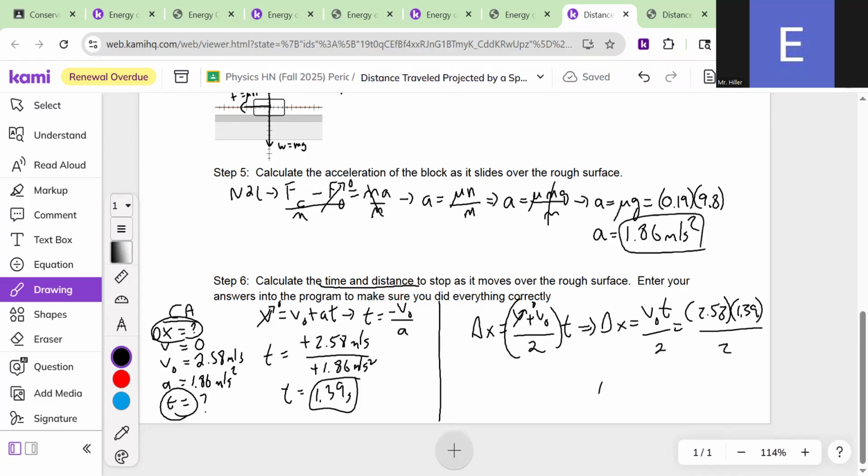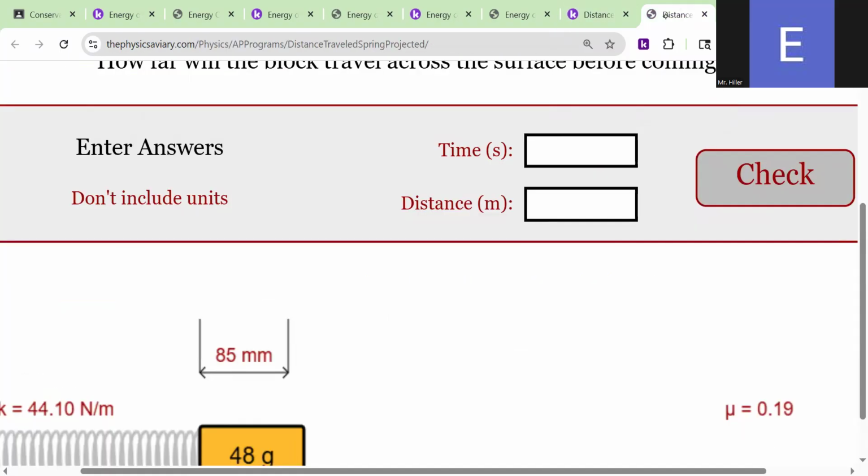Then take half of that, so 2.58 times 1.39 divided by 2, about 1.79. I have to double check that it's 1.79 meters. We are supposed to express our distance in meters. I had to double check because sometimes we have to express it in centimeters.